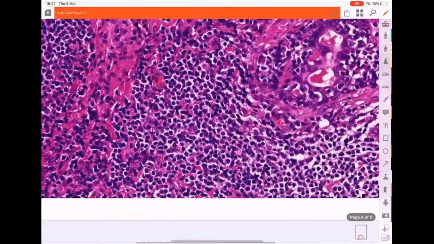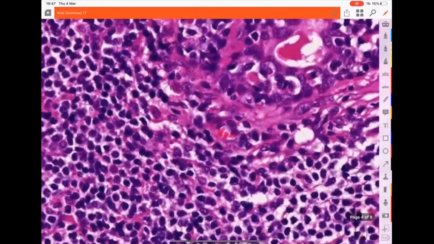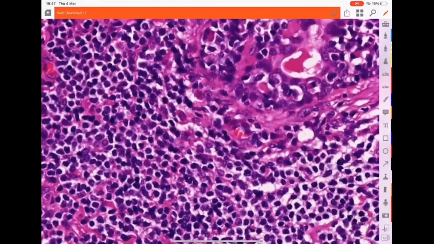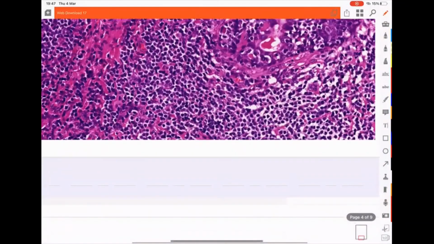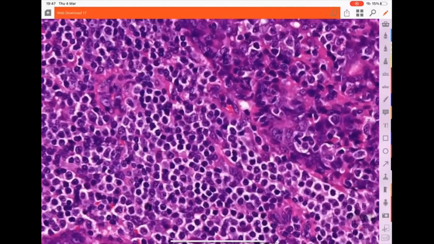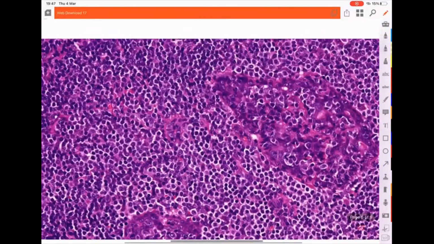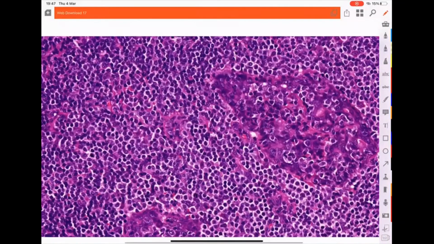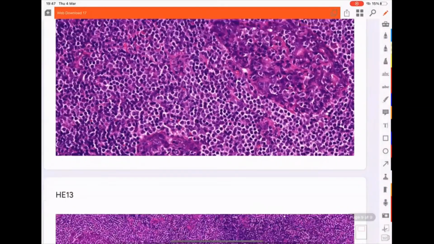If you don't have one, then find the poor red blood cells and try to compare the size of the lymphocytes, and then you try to figure out the situation.